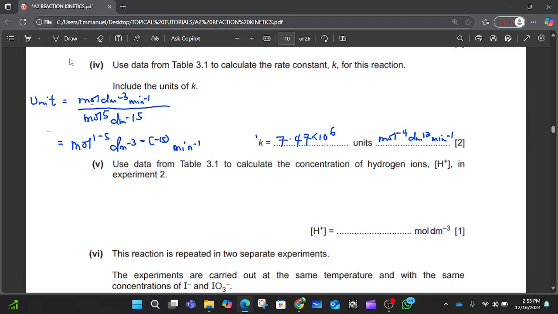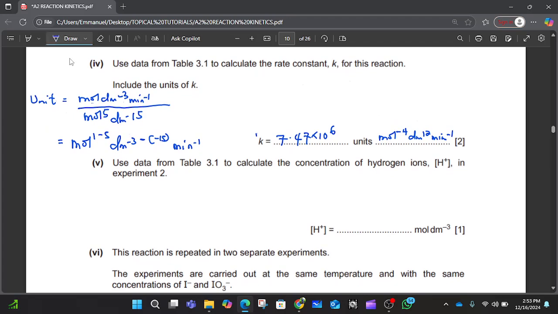Again, our rate equation is rate constant times concentration of IO3 minus times the H plus concentration exponent 2 times I minus concentration exponent 2. To find the H plus ion concentration, we need to make this the subject.